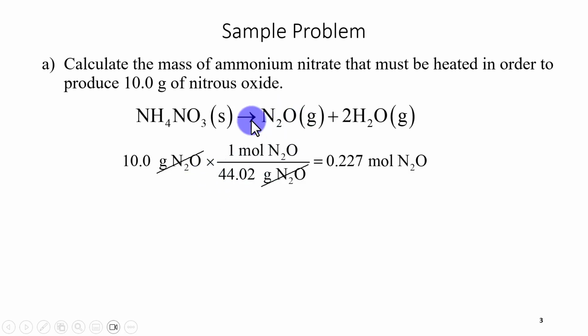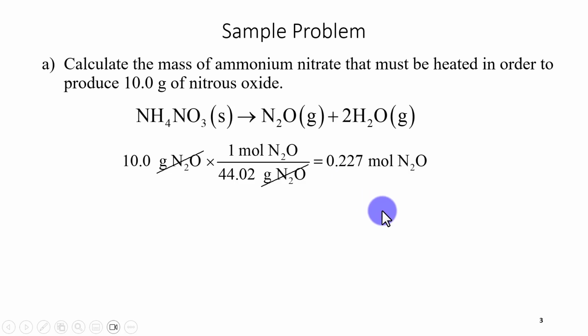The sum comes out to about 44.02 grams. 10 grams of nitrous oxide multiplied by 1 mole of N2O, which weighs 44.02 grams. My grams will cancel, so divide 10 by 44.02 to give you 0.227 moles of N2O.